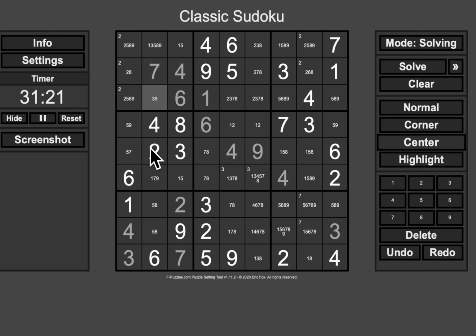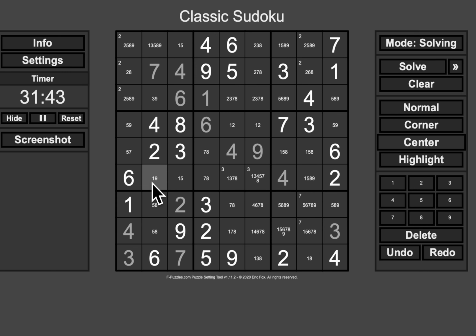Let's see, 2, 3, 4, 6, 8. It says 1, 5, 7, 9 here. Oh, that's not 7. This can be 1 or 5, but it can't be 7 or 9.